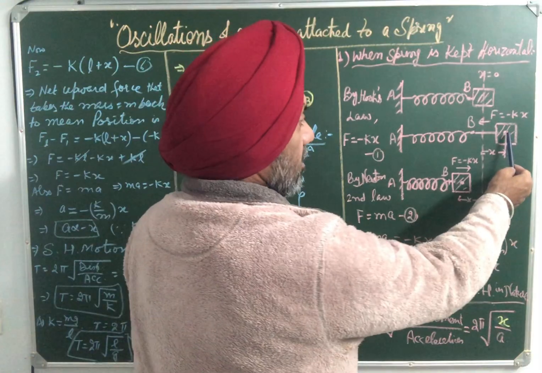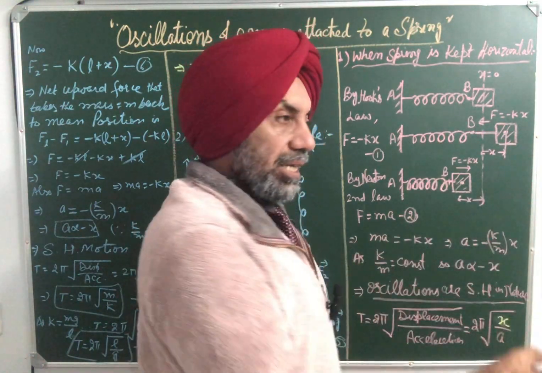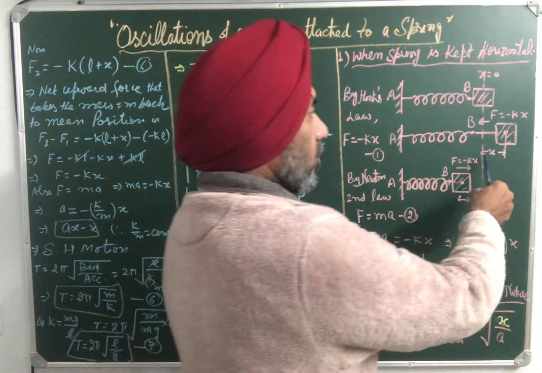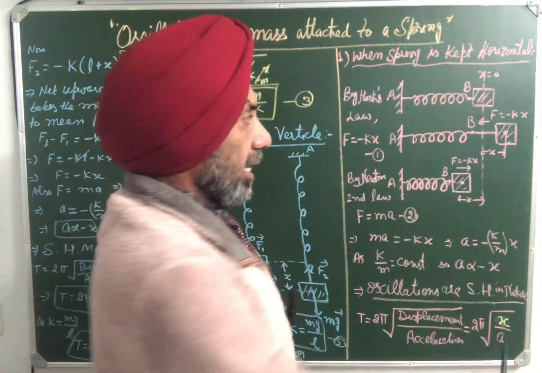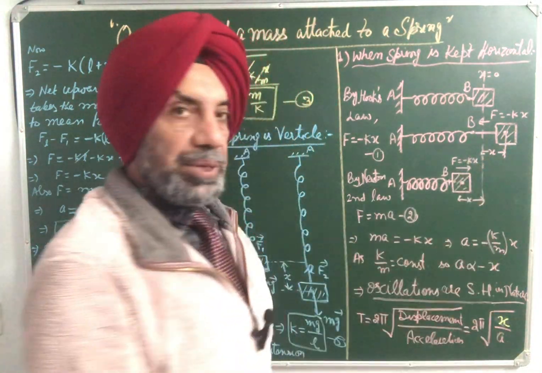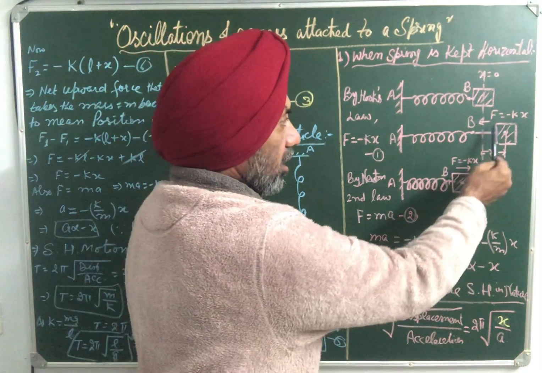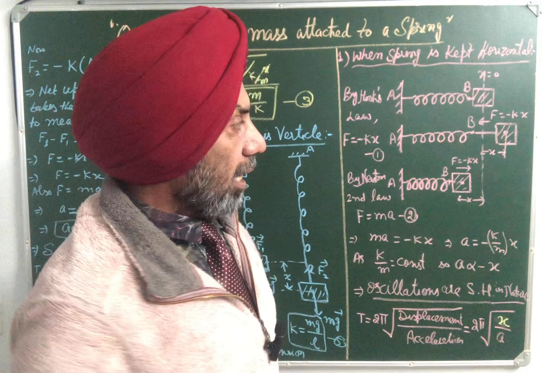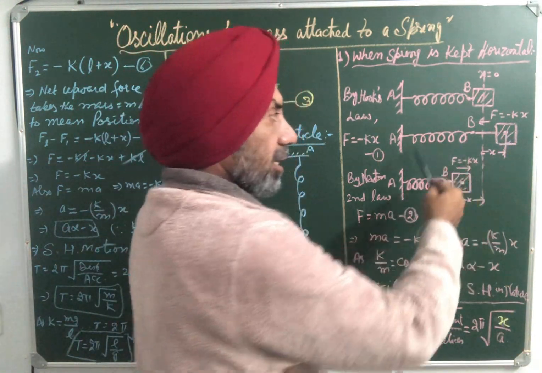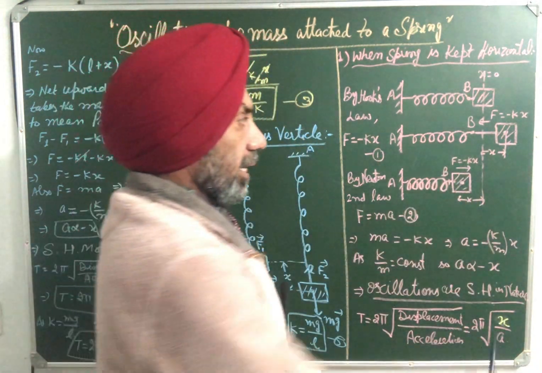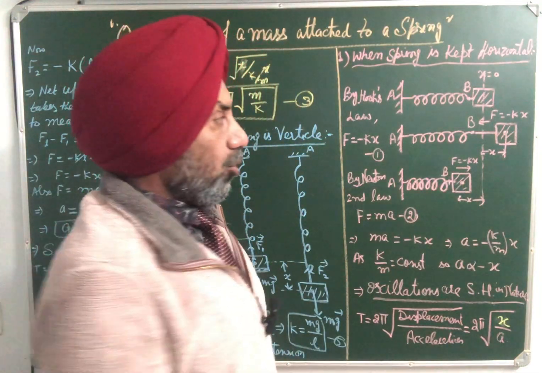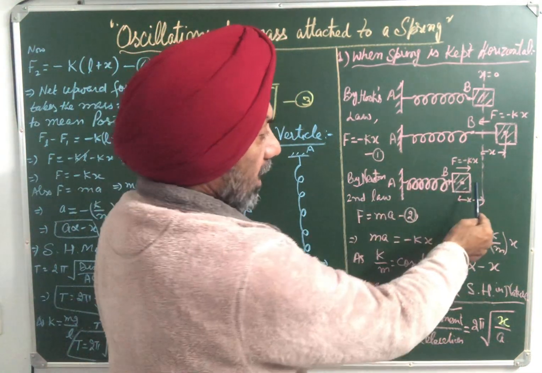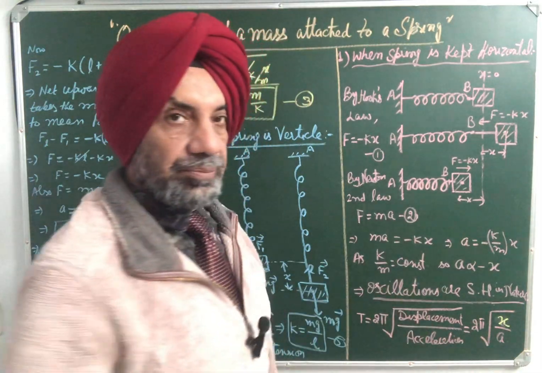Now, when this mass m is released after pulling it through a distance x, it turns back to the equilibrium position or mean position due to this restoring force. As a result, it gains speed, gains kinetic energy, and overshoots the mean position, and the spring gets compressed.